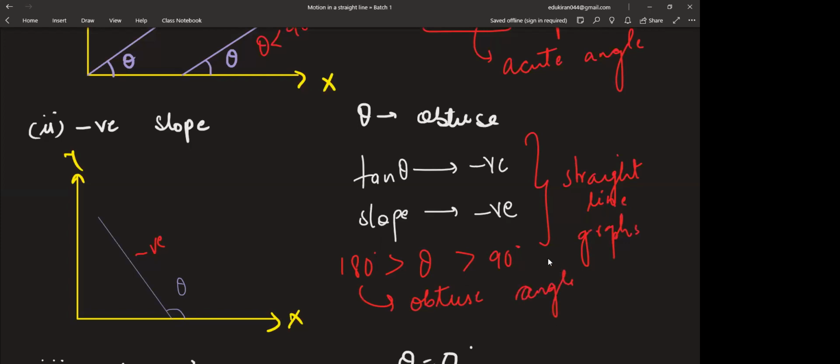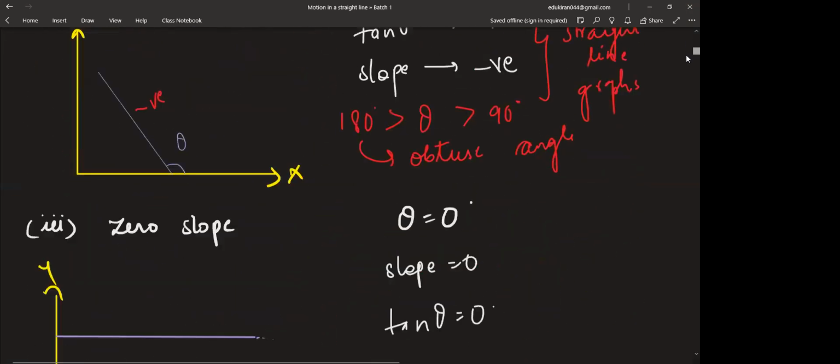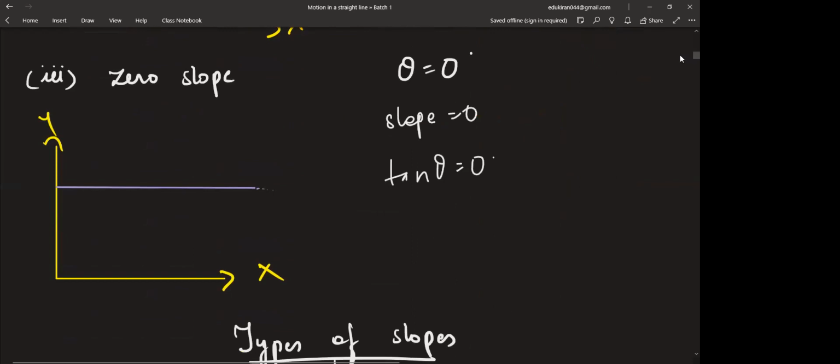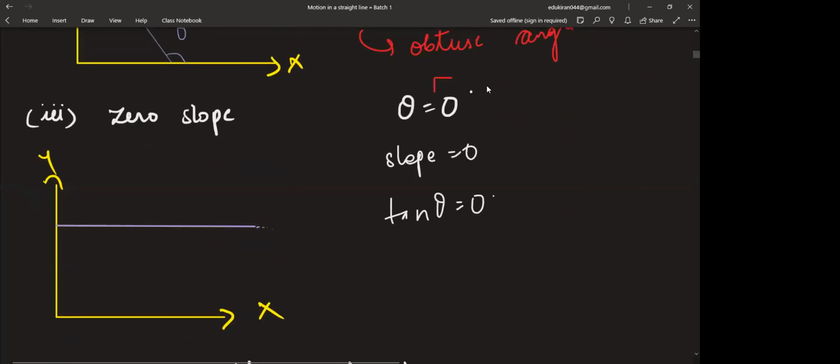Now there is zero slope also. One is positive, other is negative, third is zero slope. Zero slope means 0 degrees with respect to the x-axis. Look, they are parallel. What is the angle this line is making with the x-axis?